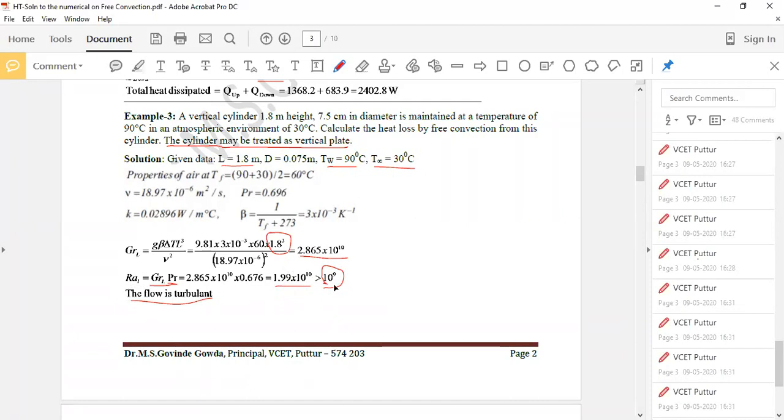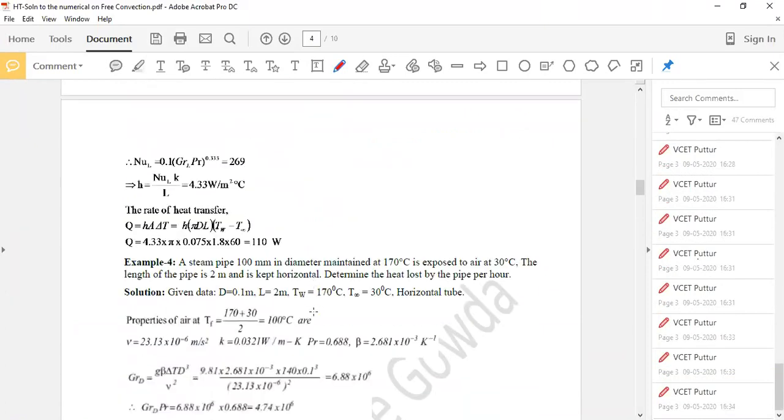For turbulent flow, for both constant wall temperature and heat flux, a very popularly used correlation is Nusselt number equal to 0.1 into Ra_L to the power of 0.333. Using this, you calculate the average Nusselt number.